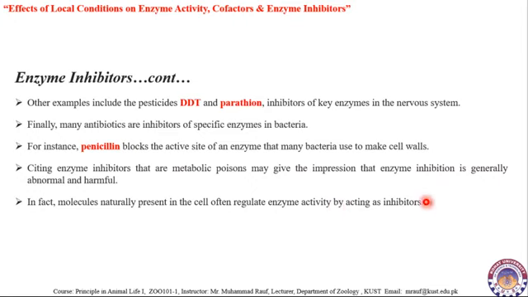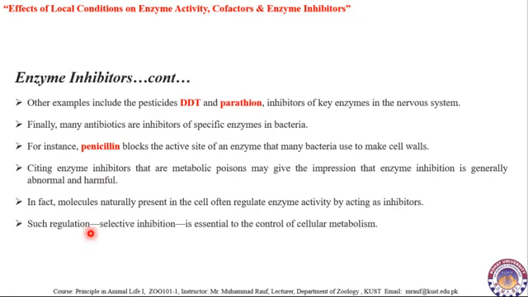Now, the inhibitors are present inside the body, but these inhibitors bind to the enzymes only for a short period of time, and this process is beneficial because it helps the cell to regulate its activities. However, if the inhibitors are from an outside origin, then quite often they are harmful.